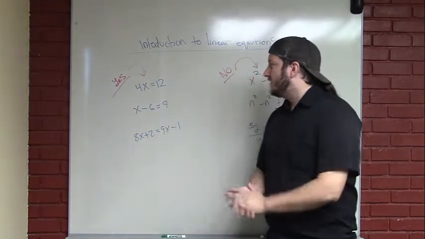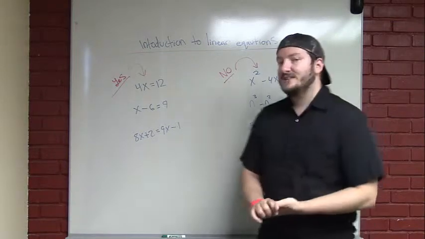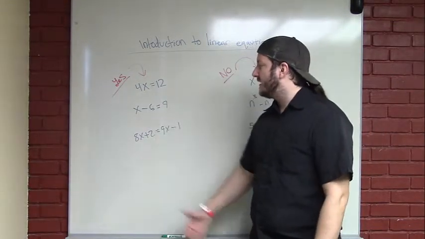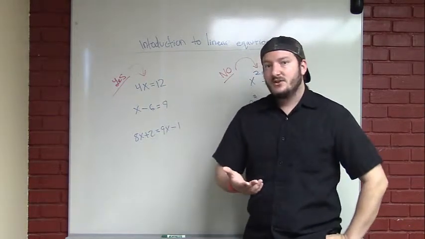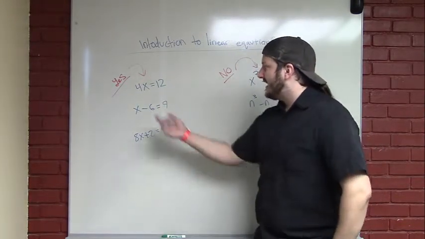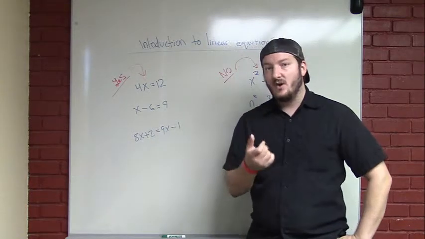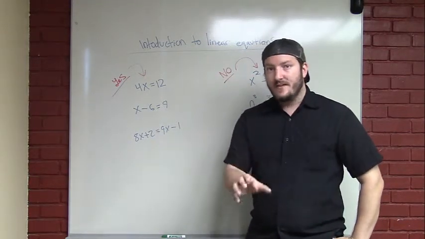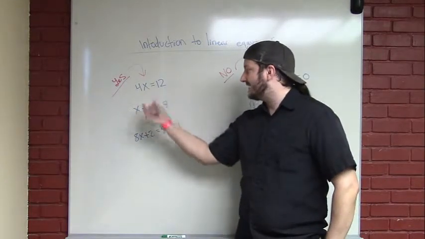Okay, so linear equations, what do they look like? Well, they look like these guys right here. The easiest way to identify it is it's just going to have a single variable, meaning it's just going to have an x. Like these are all x's.